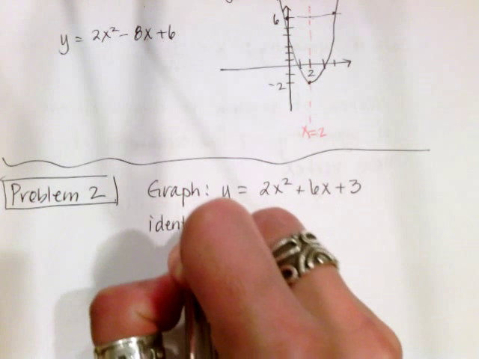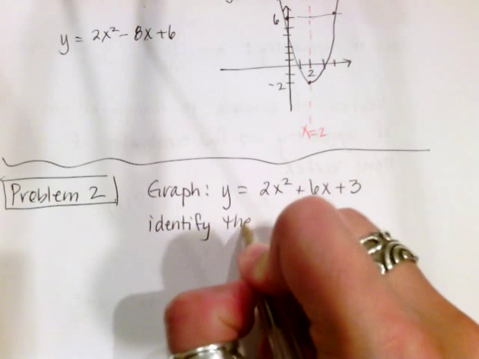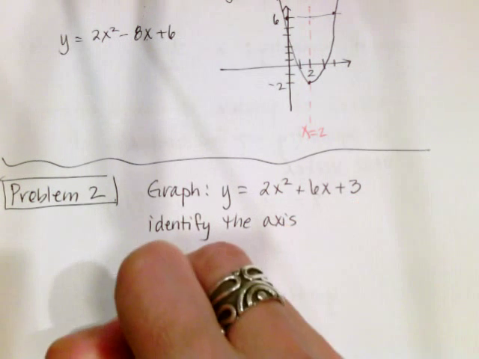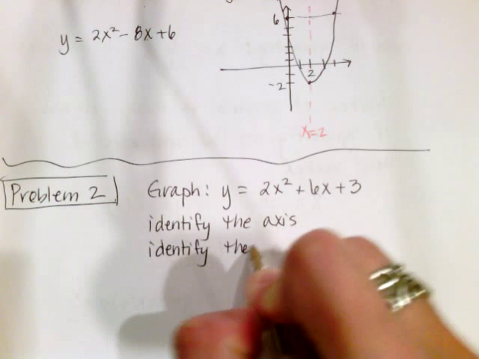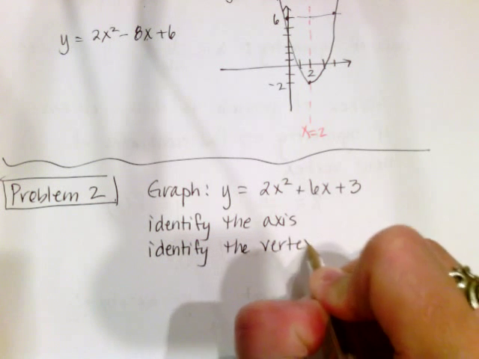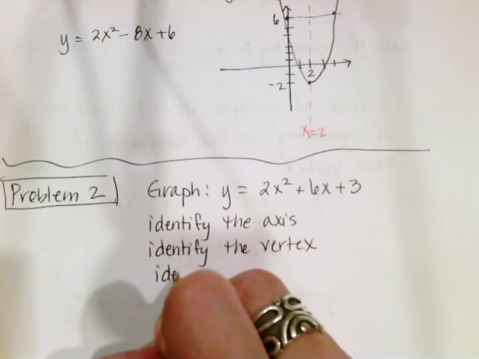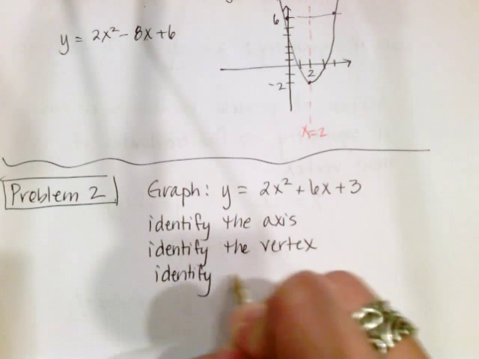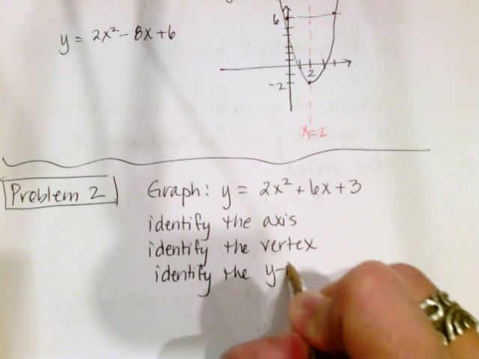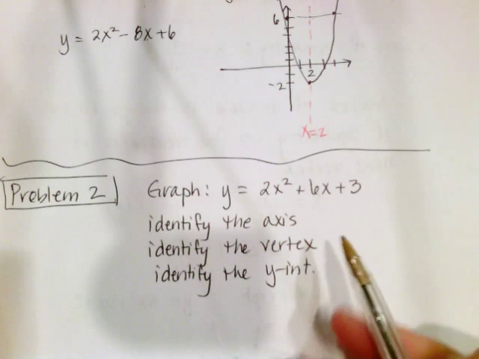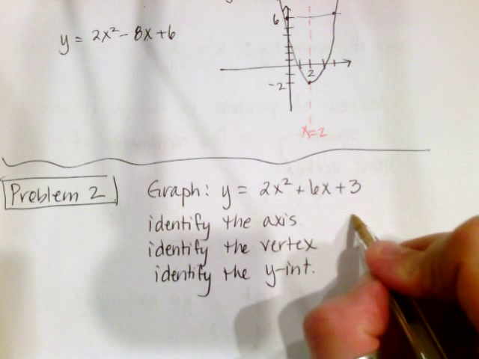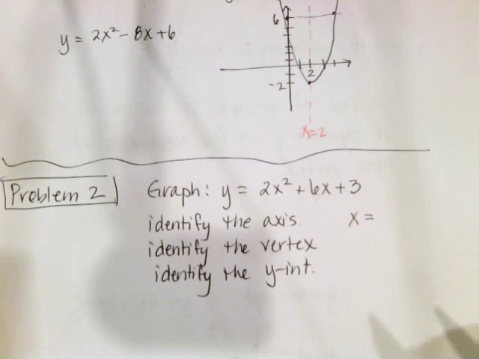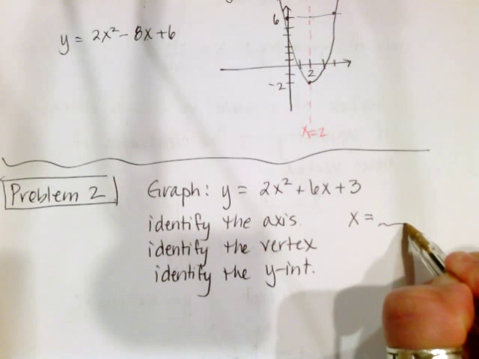I want you to identify the axis. I want you to identify the vertex, and I want you to identify the y-intercept. Okay. Remember that the axis is an equation, so when you're done doing your math, it will say x is equal to something.